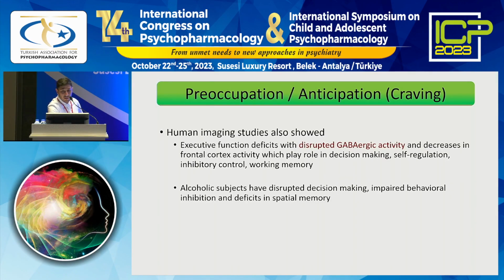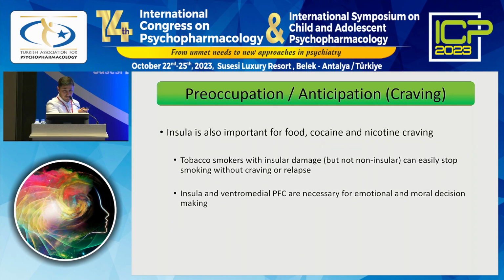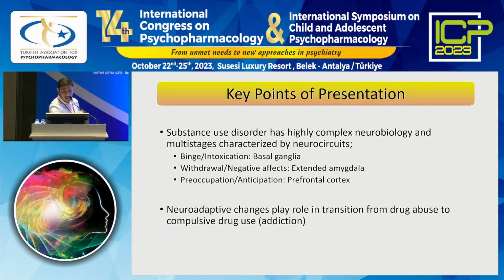GABA should also be considered because of barbiturates and similar substances. Prefrontal cortex GABAergic activity shows important changes as a part of the system here. The insula is also important for food, cocaine, and nicotine craving. Therefore, the insula shouldn't be forgotten in craving.